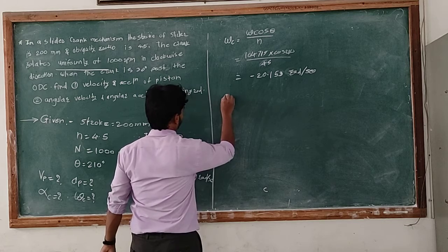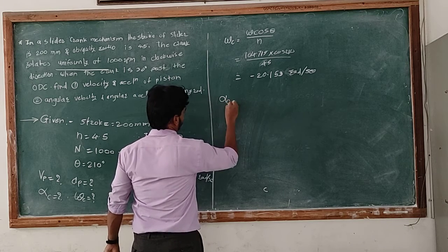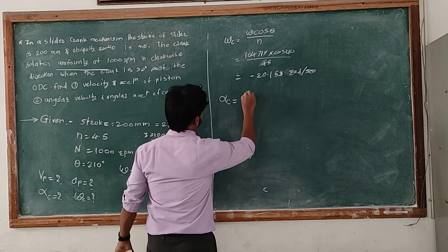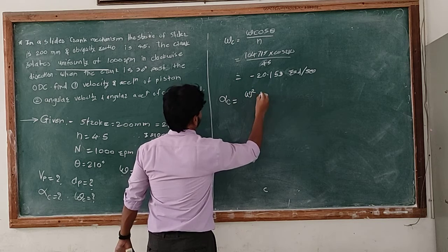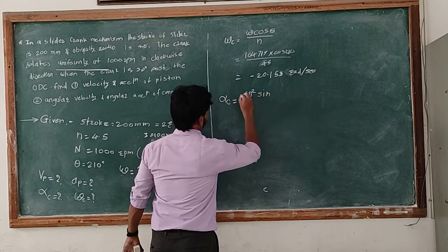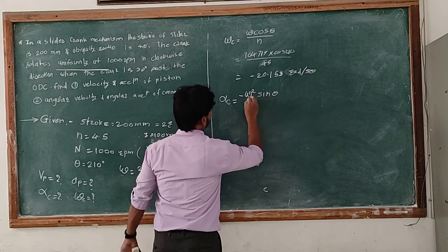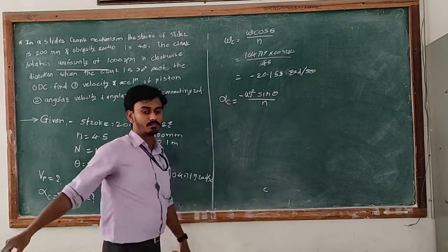Now for the angular acceleration of the connecting rod, we have the formula minus omega square into sin theta divided by n.